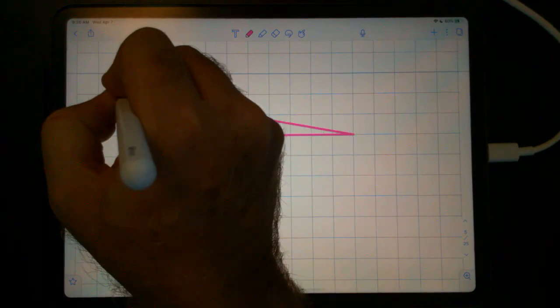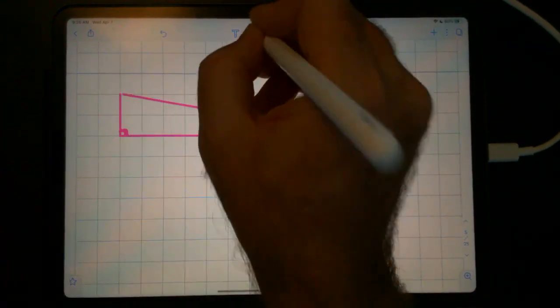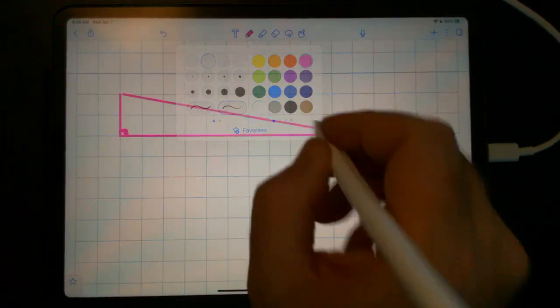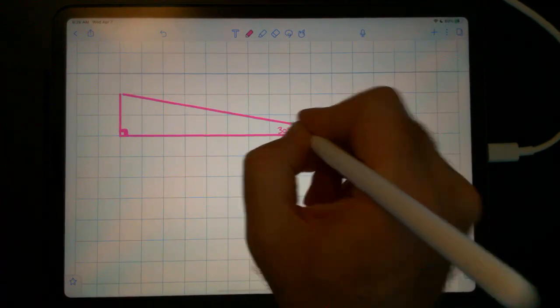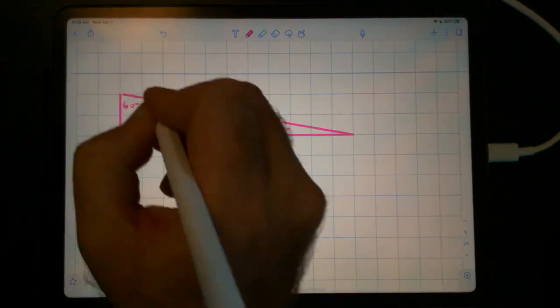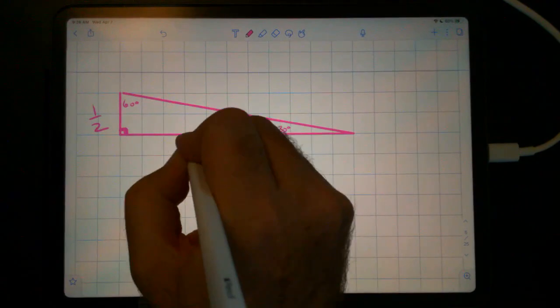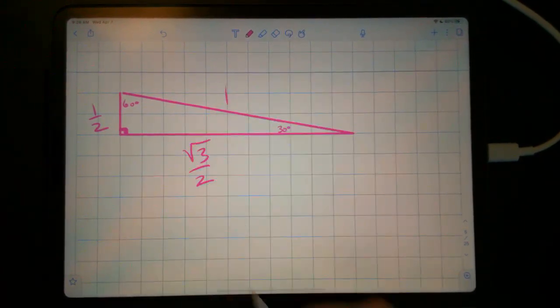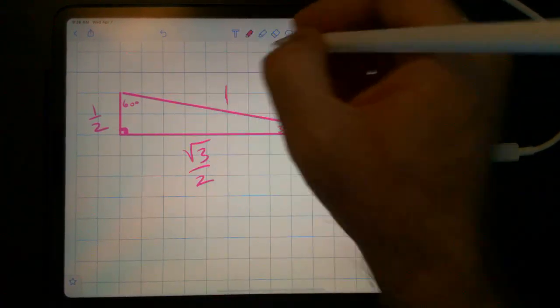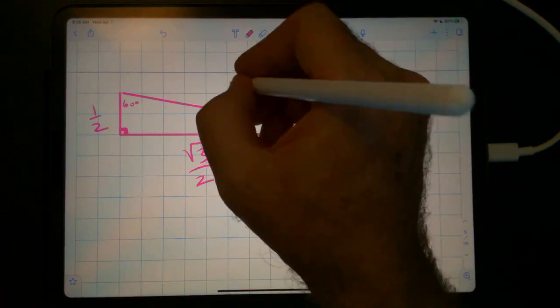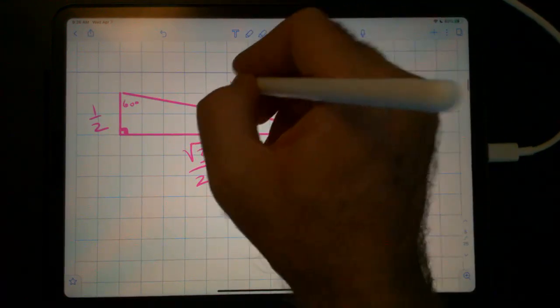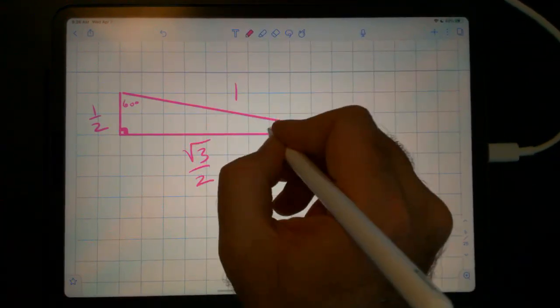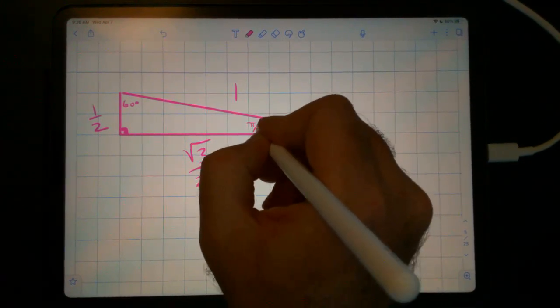This is not drawn to scale, but this should emphasize this 30-degree angle here. And so when I have this configuration, I have this. And 30 degrees is pi over 6.